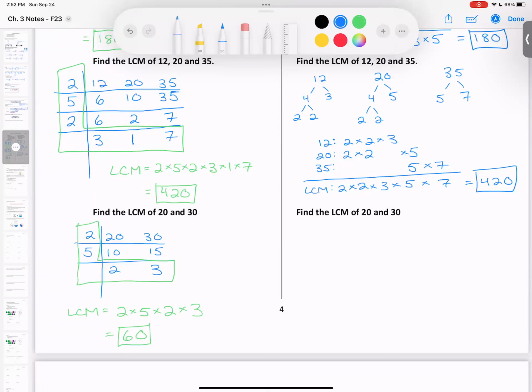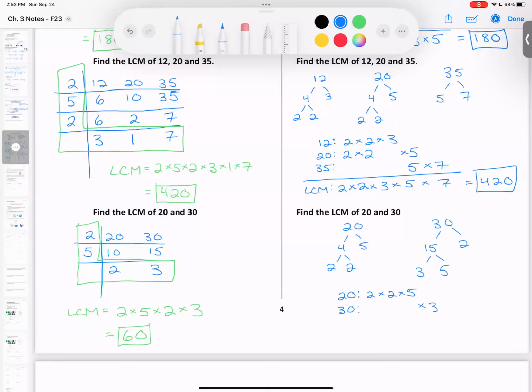Let's try some prime factorization trees. So 20 is 4 times 5. 4 is 2 times 2. 30 is 15 times 2. And that 15 is 3 times 5. Okay, so we're going to draw ourselves the prime factorization table. 20 is 2 times 2 times 5. 30, I've got a 3 there.